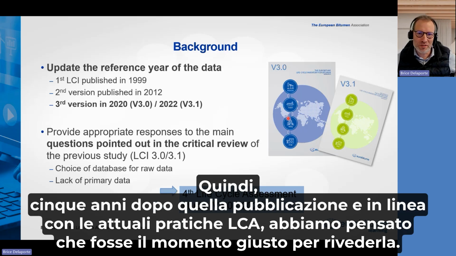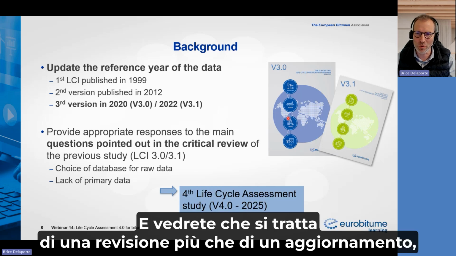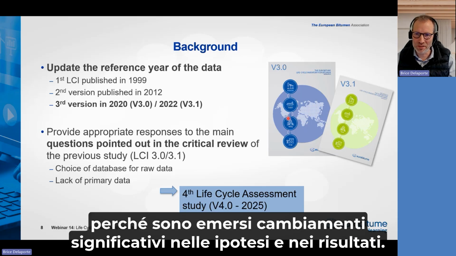So 5 years after this publication, and in line with common LCA practices, we thought it was a good timing to revise it, and you will see that it's more a revision than an update because significant changes in the assumptions and in the results appeared.